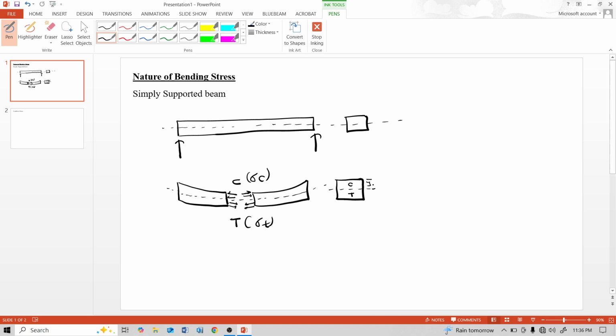Here yc and yt are the distance between the neutral axis and the lower layer of tensile stresses, and the distance between the neutral axis and the upper layer of compressive stresses.